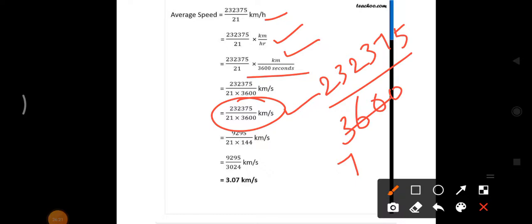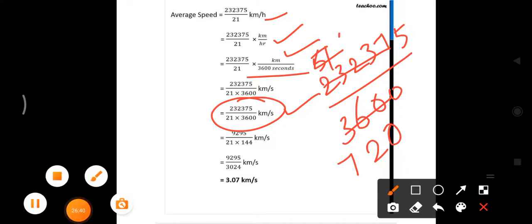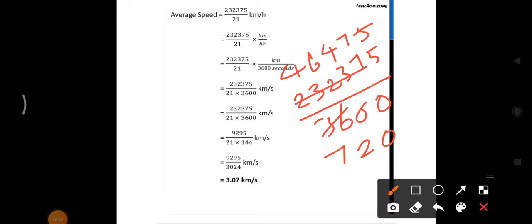7 5s are 35, remaining 1, 2 and 0. Here 5 5s are 25, 4 5s are 20, balance 3. 7 5s are 35, remaining 1, 2 5s are 10, 0.